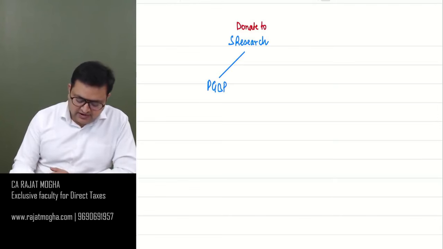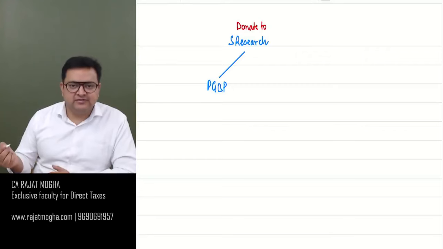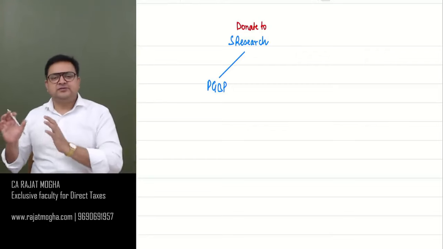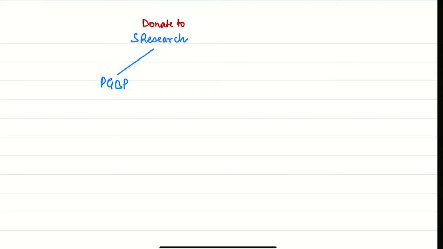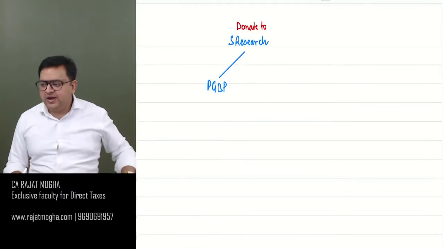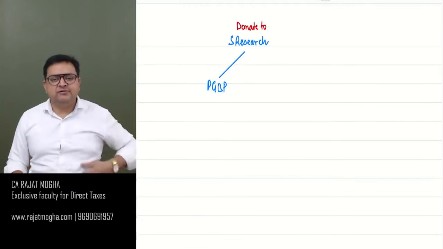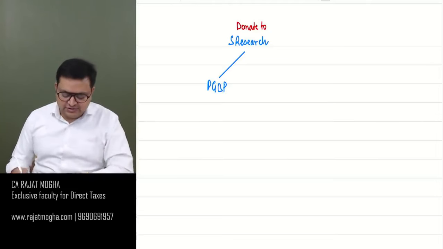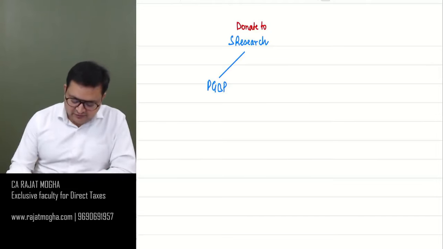That is called outside research. It's not in-house. We are not doing it in our business. We are giving this money as a donation to some research institution, let's say IIT, a National Laboratory, or any other approved college. This is called outside research.